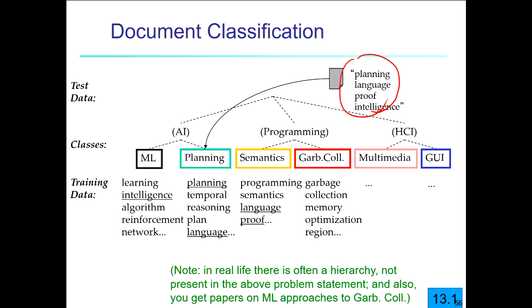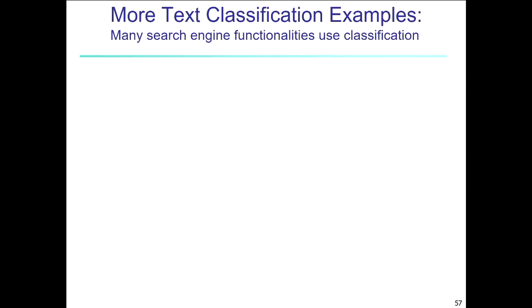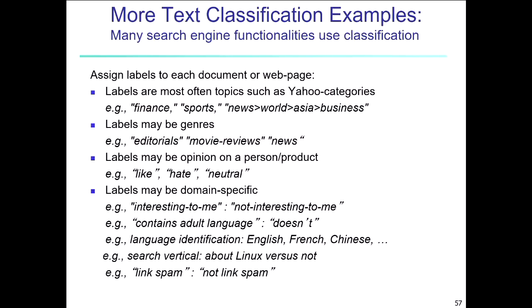So intuitively, it's more like a naive Bayes model. These labels can be topics, like finance or sports, genres, opinion, language identification, or spam or not spam, like what you are going to deal with in Lab 3.